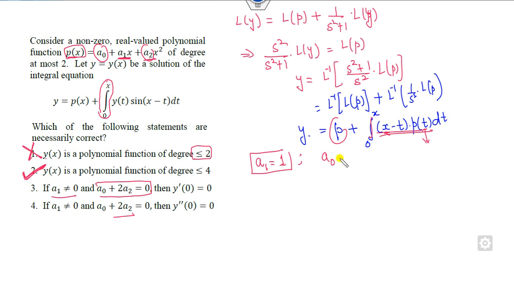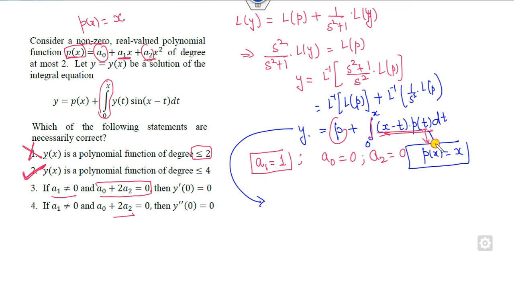So if I simply take a0 as 0 and a2 as 0, what is the polynomial? p(x) is nothing but x, which is non-zero. Now I can take the derivative of this. p(x) is x, so I can substitute here: y is the integral of (x minus t) times p(t), where p(t) is t.